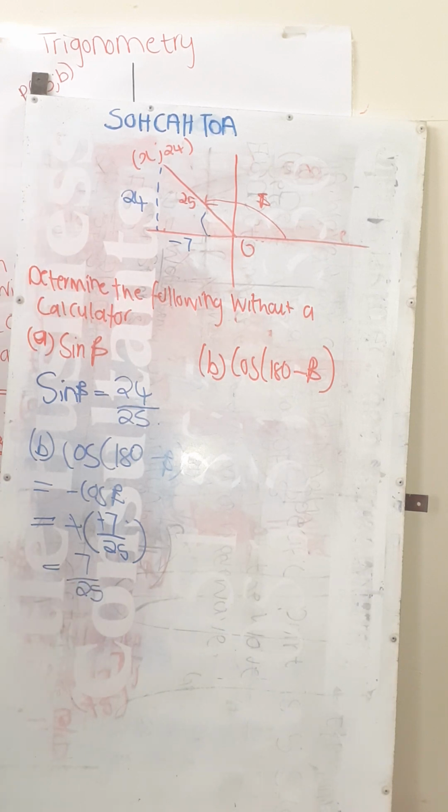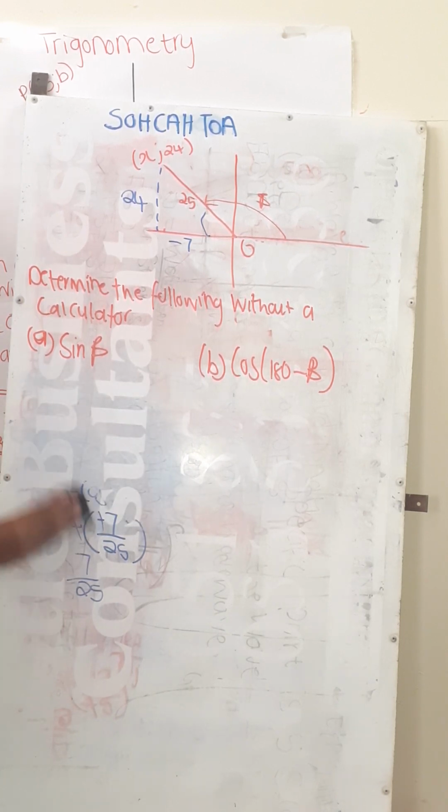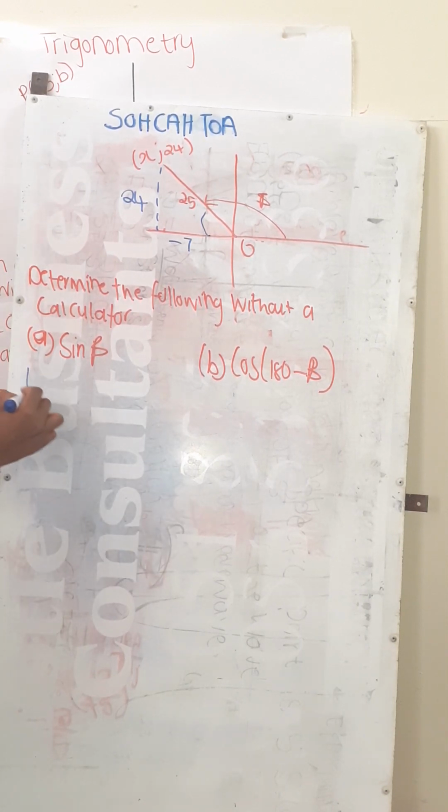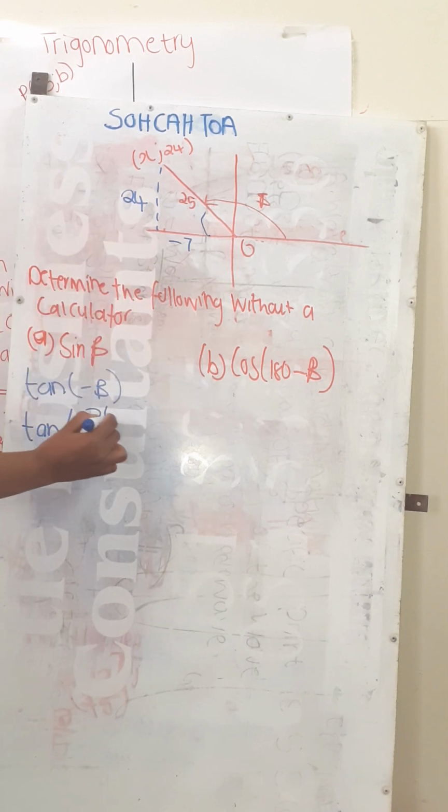Now let's add another one to make it the third one before we close off this video, and that will be tan of negative beta. And in this quadrant, tan is positive, right? So you just say tan equals opposite, which is 24, over adjacent, which is 7.